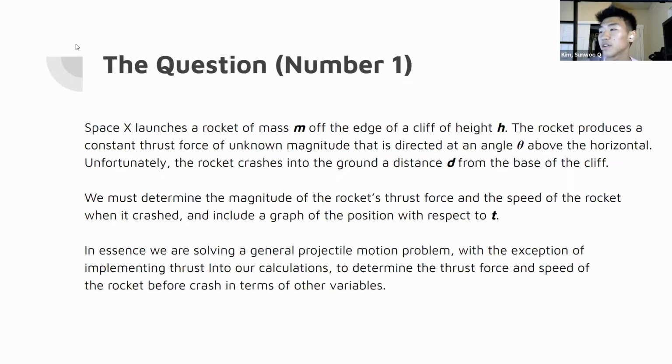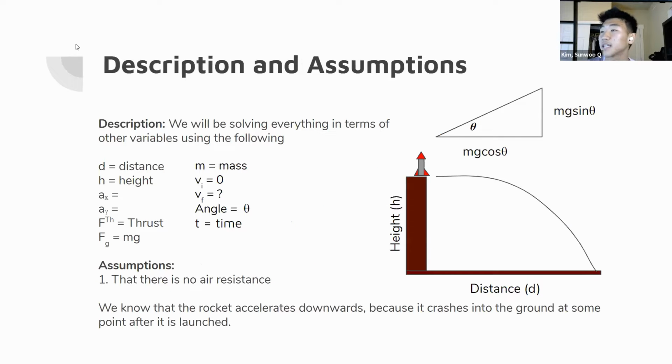In essence, we are solving a general projectile motion problem with the exception of implementing thrust into our calculations to determine the thrust force and speed of the rocket before crash in terms of other variables. So, description and assumptions. We will be solving everything in terms of other variables using the following: d for distance, h for height, the acceleration in the x direction, acceleration in the y direction, the force of the thrust, force of gravity, m for mass, the initial velocity, which is 0.